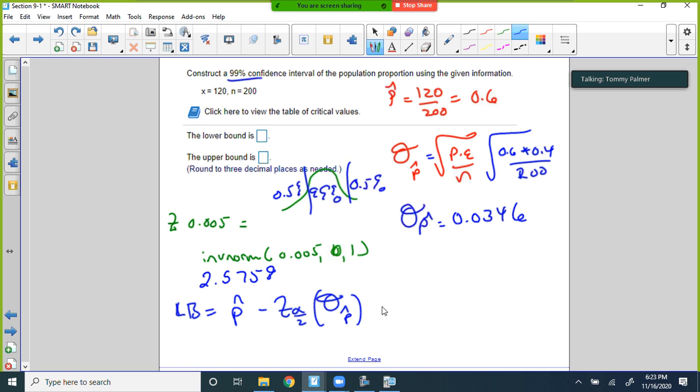P hat is 0.6. I'm only going to do one of these, then we'll plug in the calculator. 0.6 minus 2.5758 times 0.0346, and what you get is 0.5109 if you do that calculation.